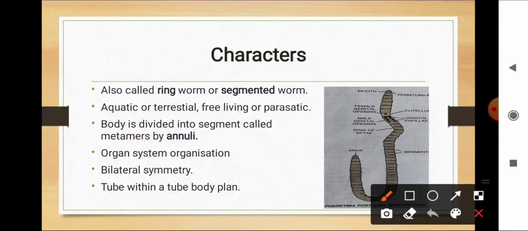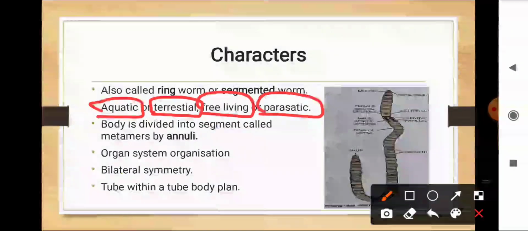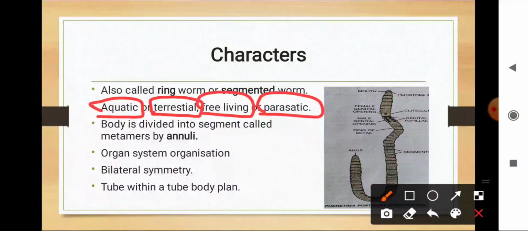If we look at the habitat of animals included in the phylum Annelida, they are aquatic. Some of them are also terrestrial. By living in aquatic or terrestrial habitats, they are either free living or in a parasitic mode of living, that is, by using a host.